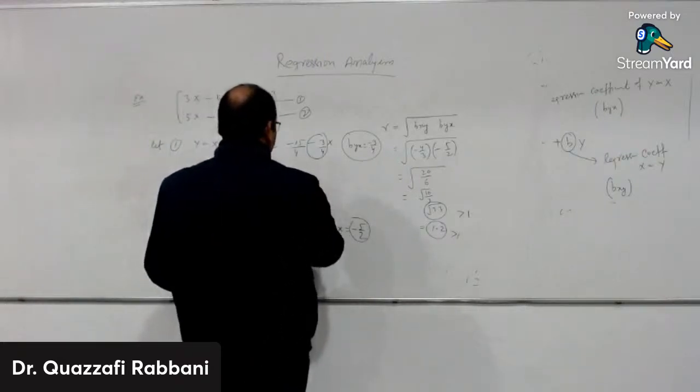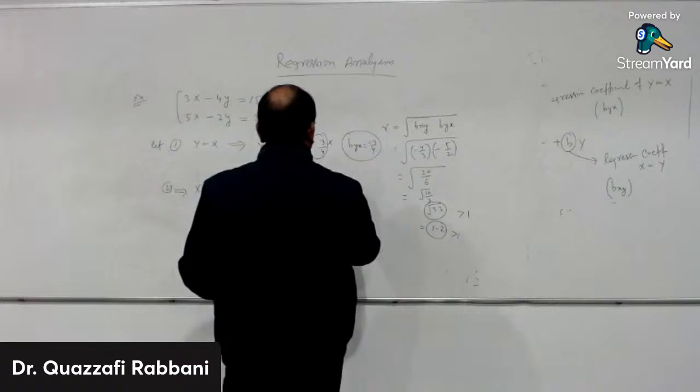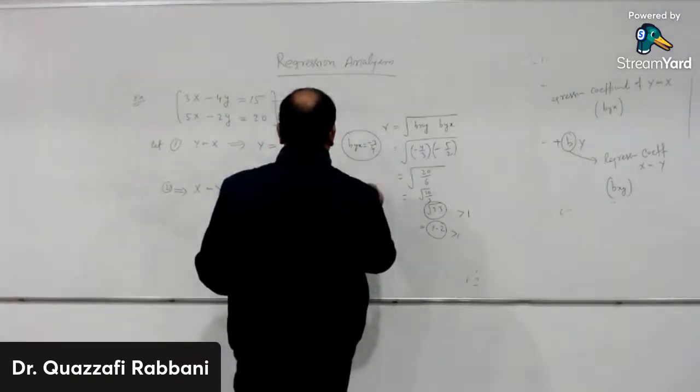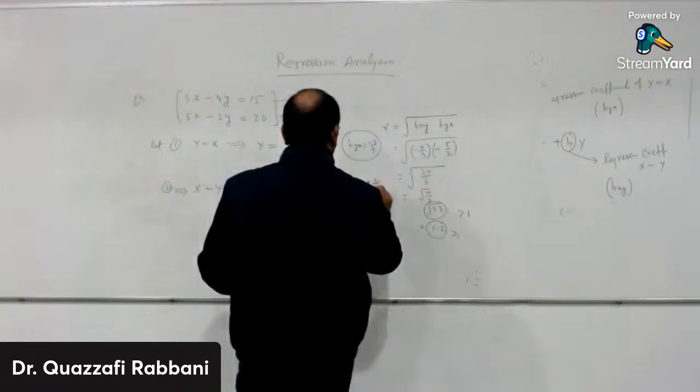So here the regression coefficient x on y is equal to 2 by 5.